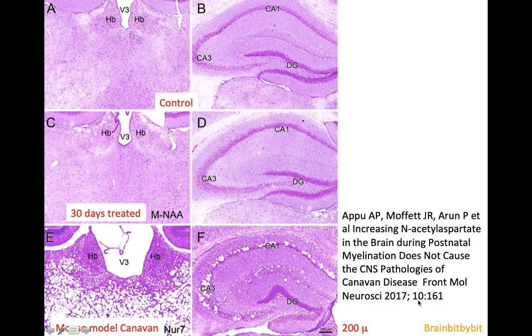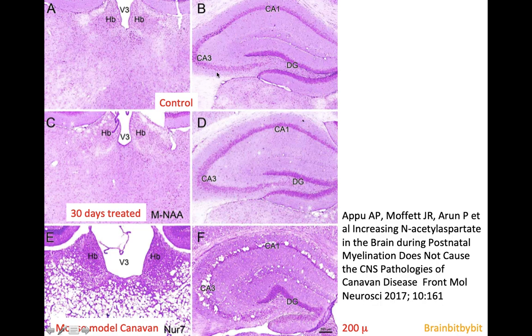There were 3 groups of mice: a control group, a genetically normal group that was treated for 30 days with abnormal high levels of NAA, and a mouse model of Canavan, the Nur7 mice. And after this period, the mice were sacrificed.